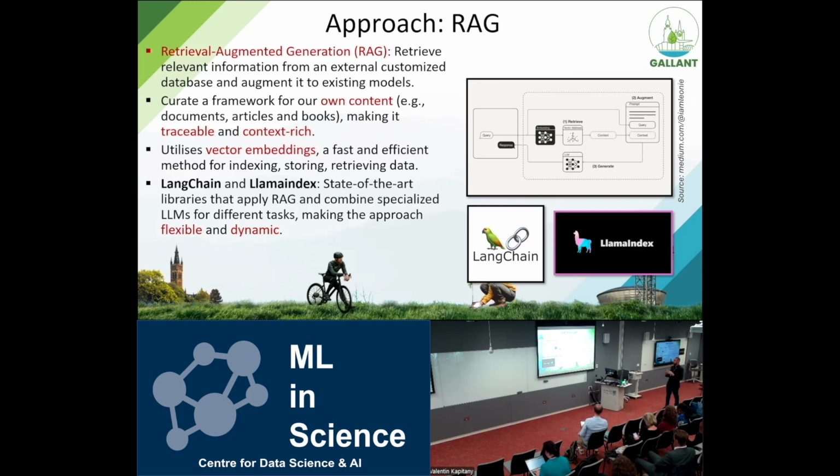We also utilize some of the open source libraries like LangChain and Llama Index, which apply principles from RAG and combine specialized LLMs for different tasks.